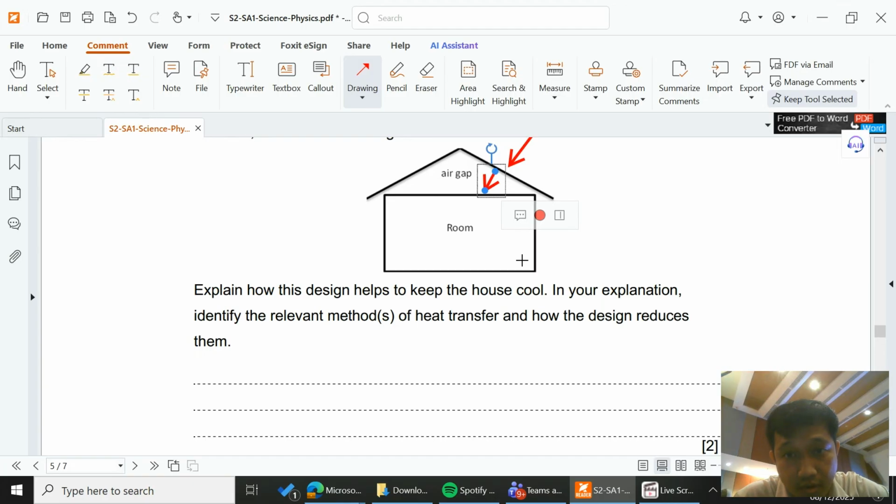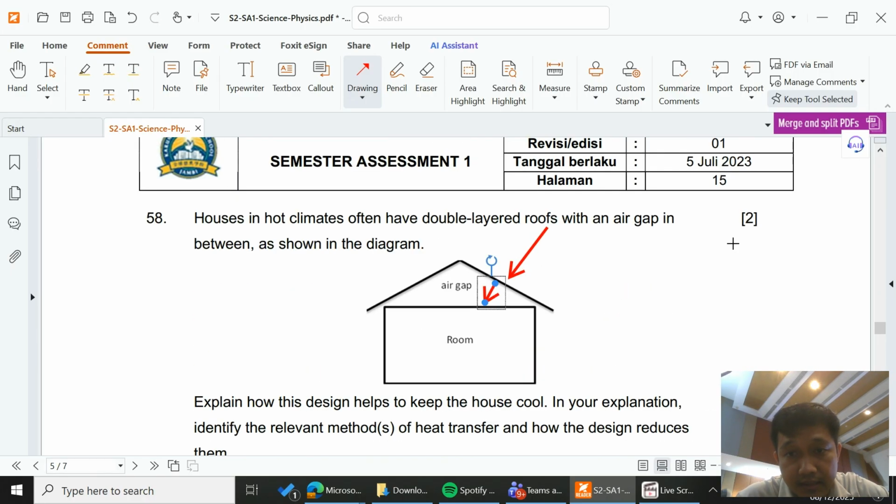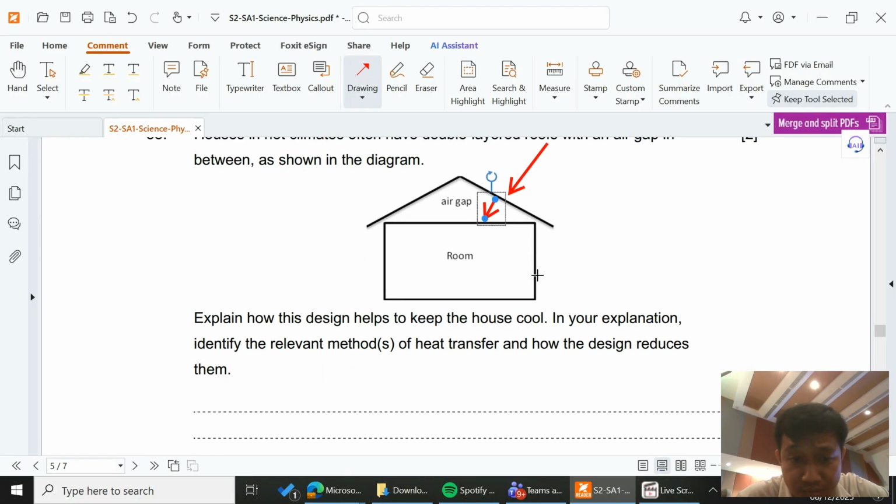It is blocked, and sometimes air from the outside comes into the air gap and removes the heat. But the point is that the air gap is to avoid the sun's heat coming directly into the room.